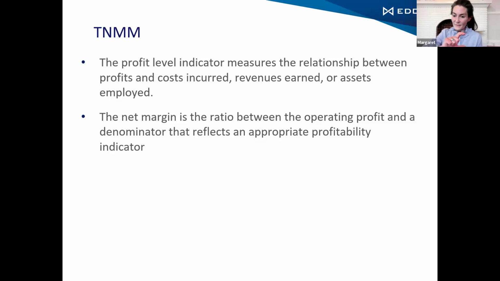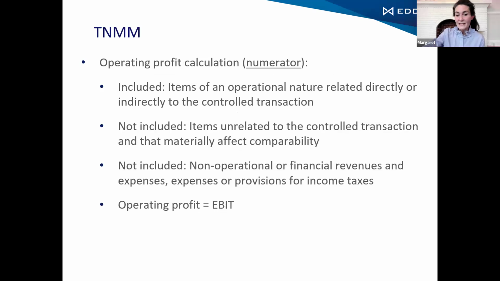The numerator in the ratio is always going to be the same, and it's EBIT. The numerator is supposed to describe the profits that are earned by the activities related to the covered transaction. So it's not going to include any items like interest expense or interest income.